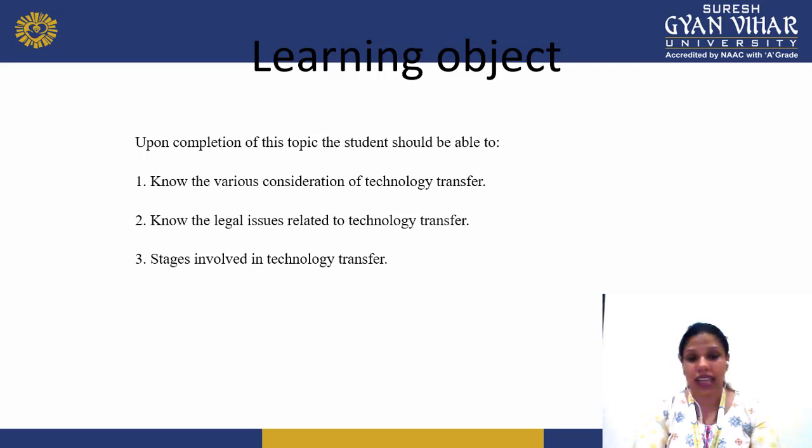All these things you will come to know in this unit. So this unit has basically 3 learning objectives. First one is to know the various considerations related to technology transfer. Second is to know the legal issues and legal authorities related to technology transfer. And third one is the stages involved in technology transfer.